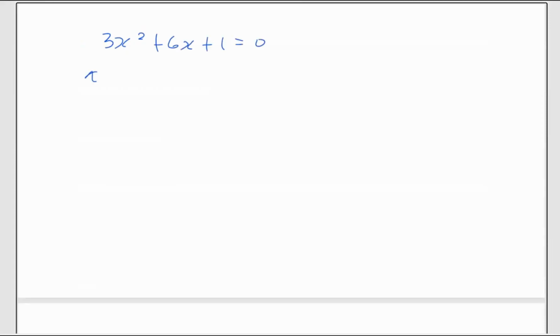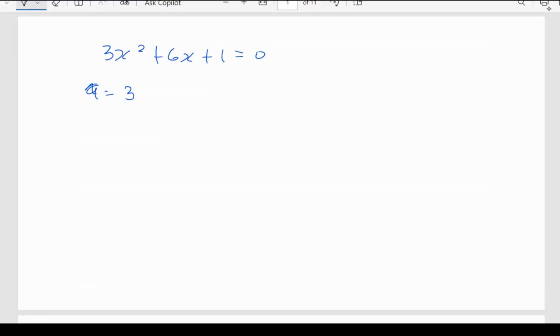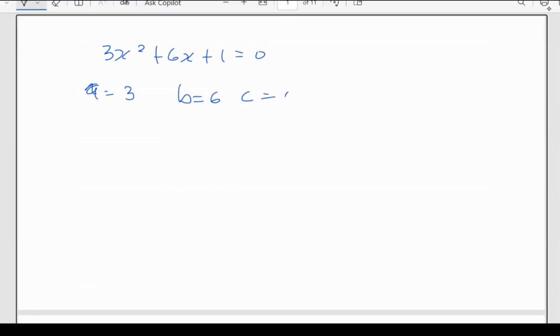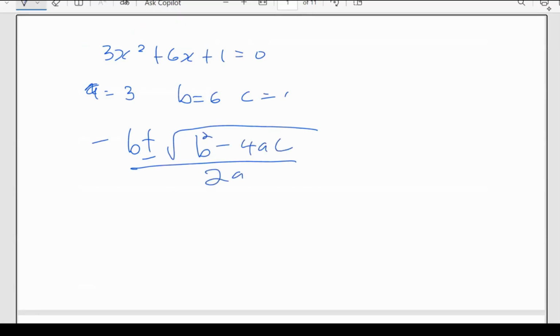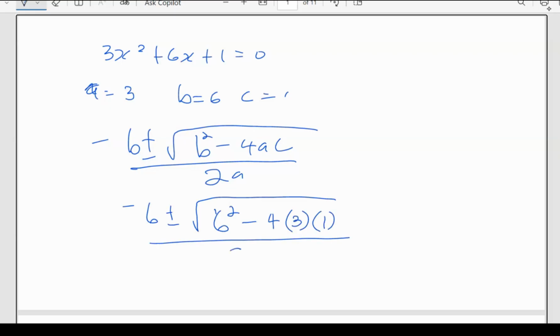So we know that our A is 3, our B is 6, and then our C is 1. So from the quadratic formula, that is negative B plus minus square root of B squared minus 4AC, all over 2A. When we substitute, we're going to have negative 6 plus minus the square root of 6 squared minus 4 into 3 times 1, everything over 2 into 3.